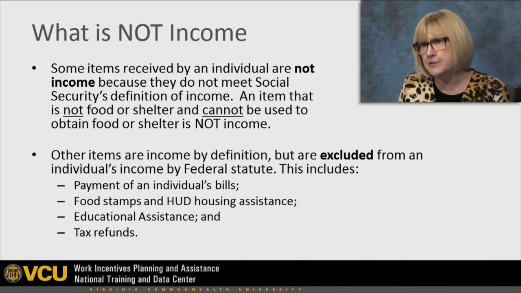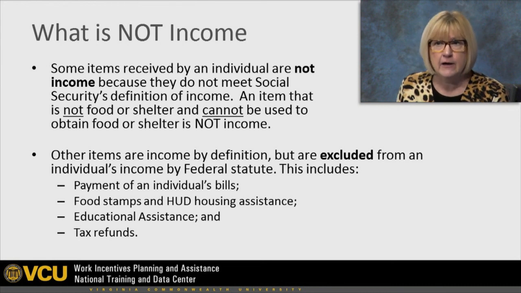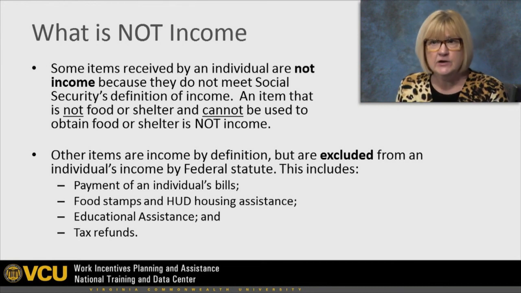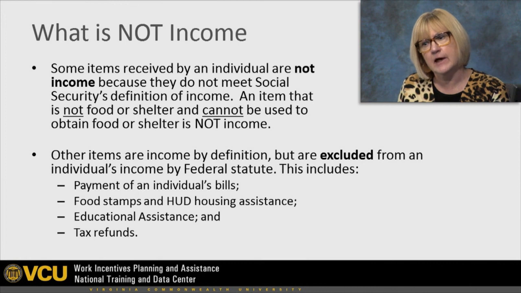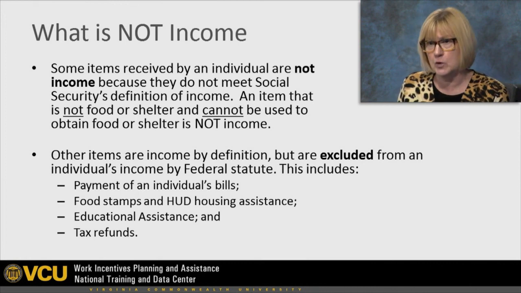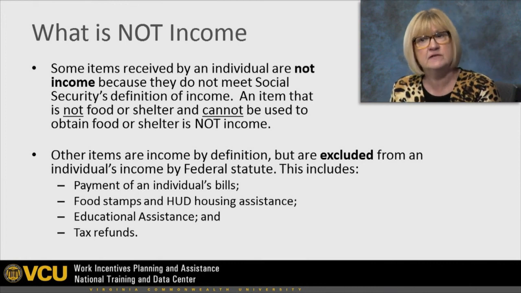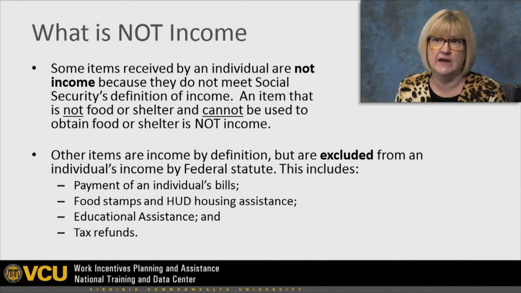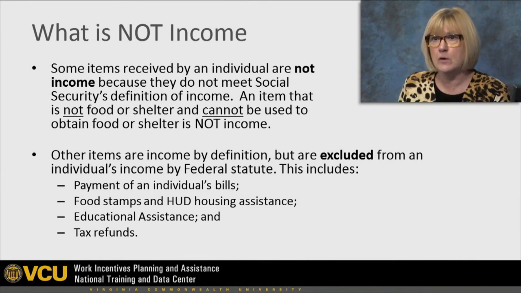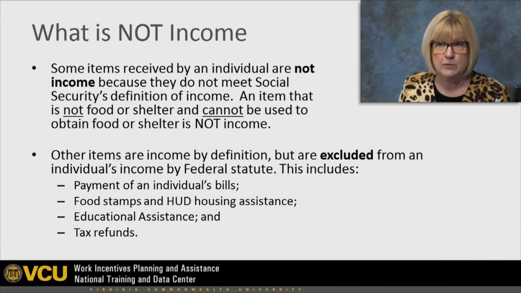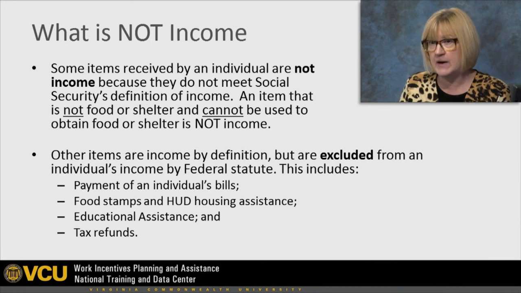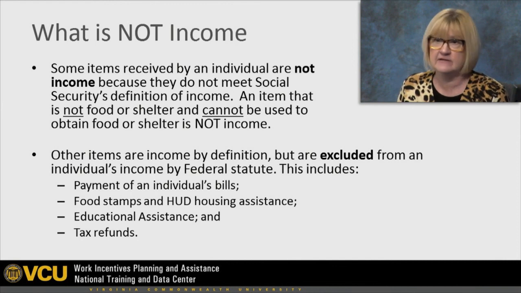Things like food stamps and HUD housing assistance and energy assistance, things that are means-tested programs in and of themselves, typically those kinds of things are excluded. So while I might be getting SNAP or food stamps, the value of my SNAP benefit is not going to decrease my SSI or affect it in any way whatsoever.